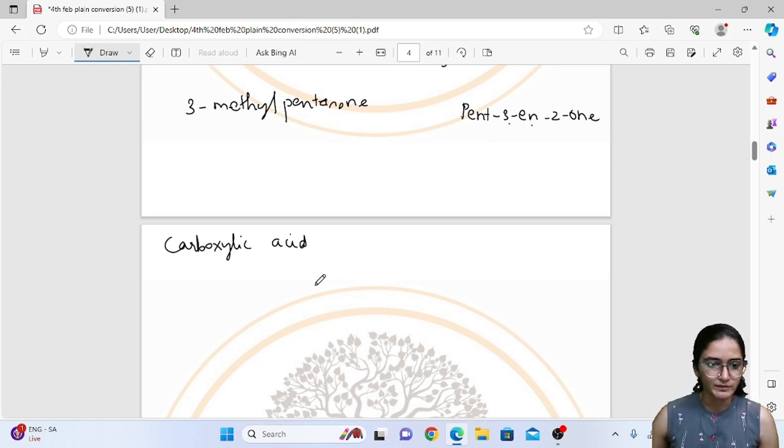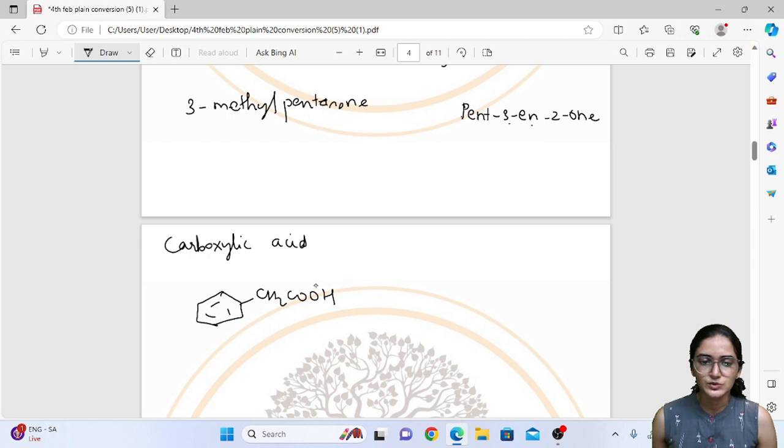One more example we will take here, that is benzene with CH2COOH. Okay, since this type of example we have also seen in ketone, here acidic group is attached to the aliphatic carbon and this acts as a substituent. So acidic group, now numbering will start from here.